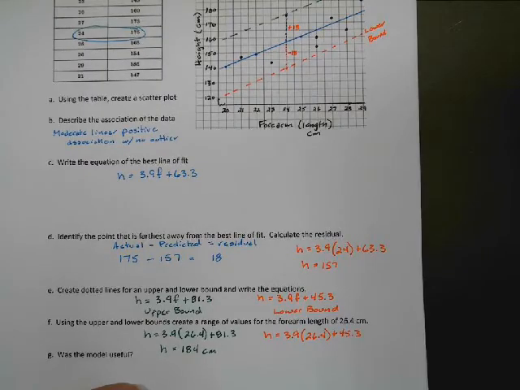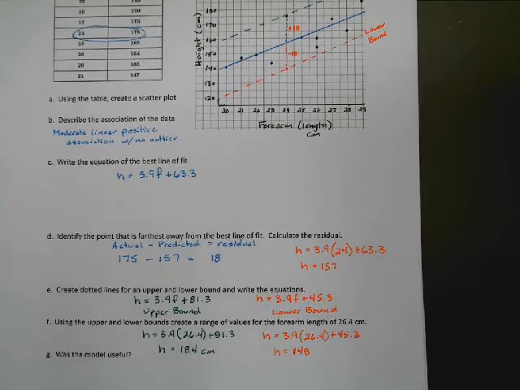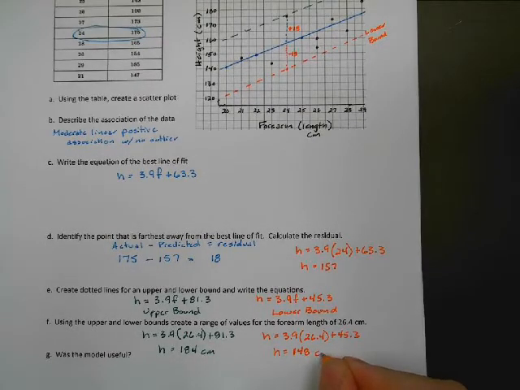So 3.9 times 26.4 equals, and then I'm going to add 45.3 to it, and I get 148. So here's what I get. Well, the person can be 184 centimeters tall, or he can be 148 centimeters tall.